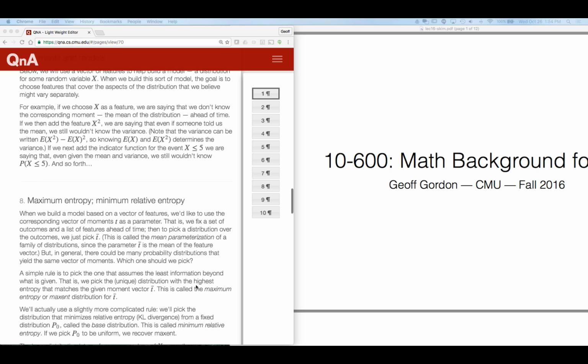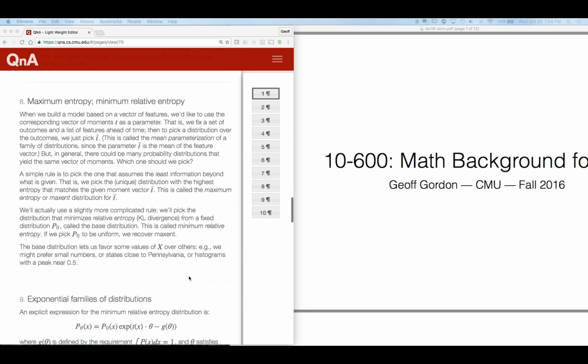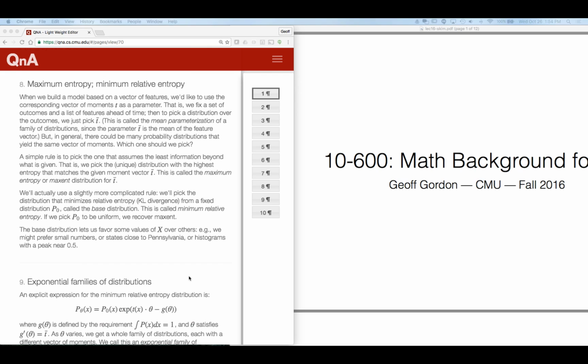All right, so given this vector of features, we'd like to use it to build a model. And so one attractive idea would be to say that the vector of moments is a parameter of our model. So we fix a set of outcomes that we're going to be looking at, like, let's say, the non-negative integers, and we fix a list of features ahead of time, let's say x and x squared.